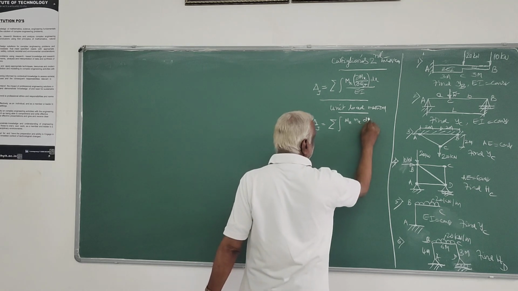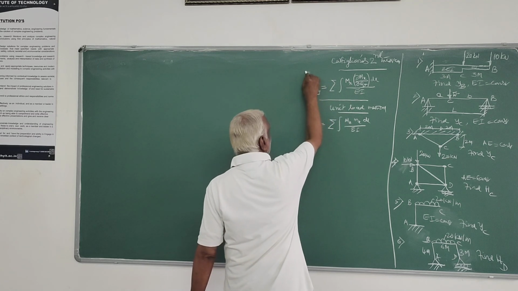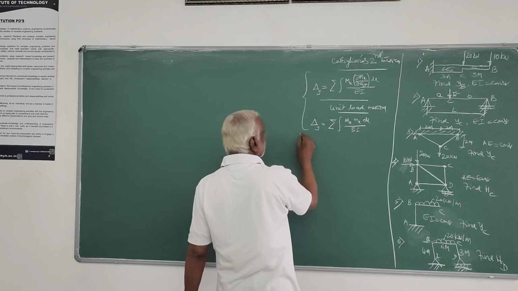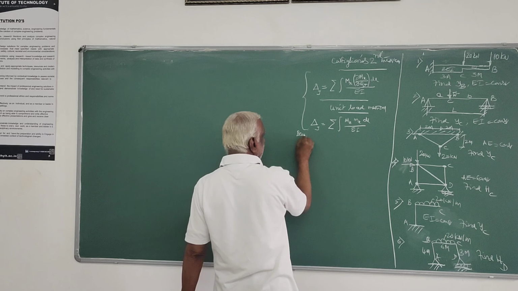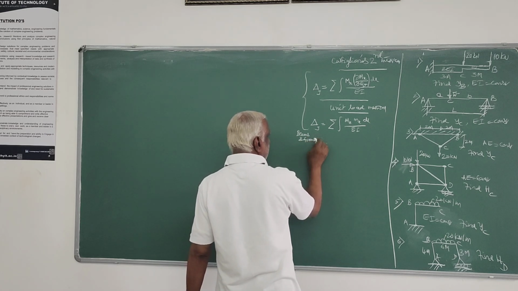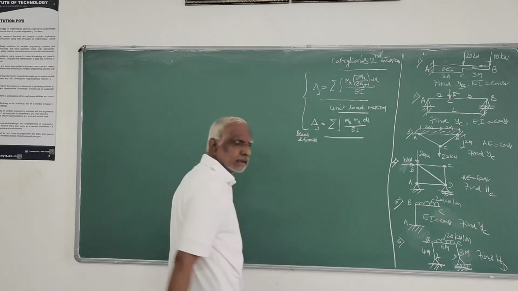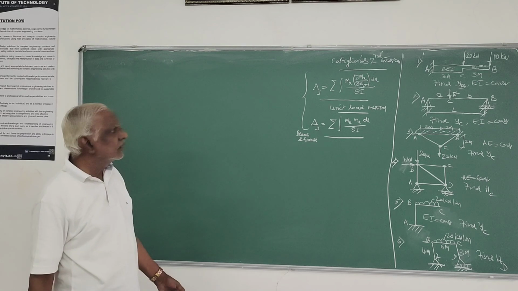That's all the change, divided by EI dx. This formula is for beams and frames, that is flexural members. This is the formula which we derived for finding the displacement in the previous class.